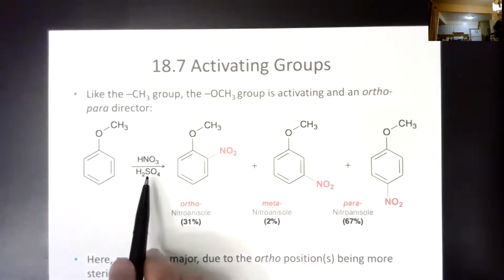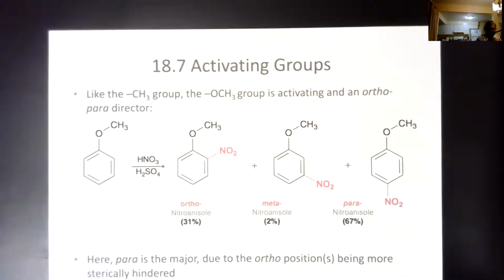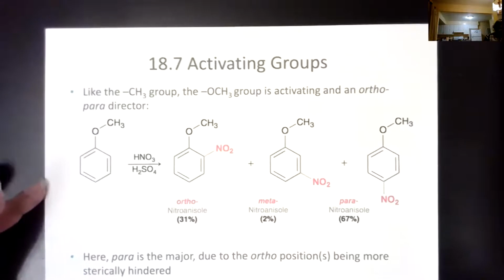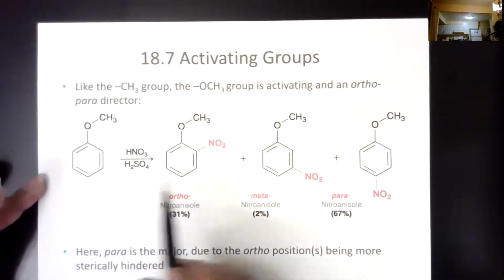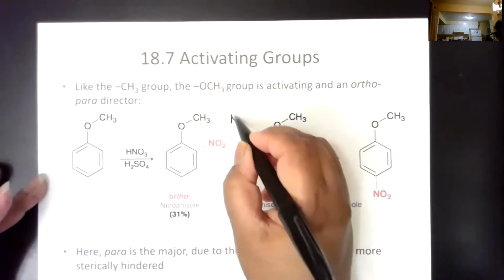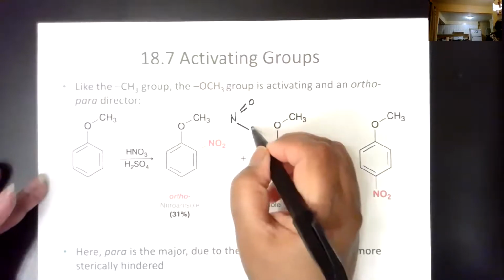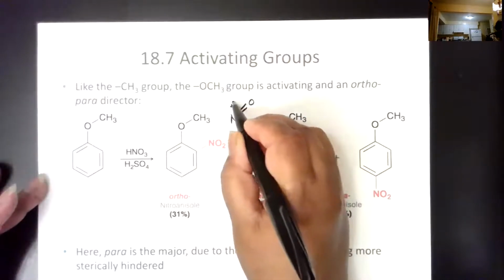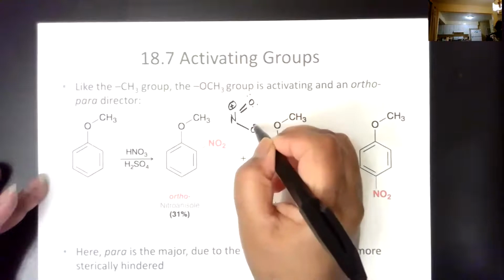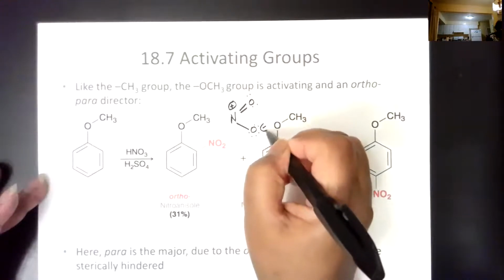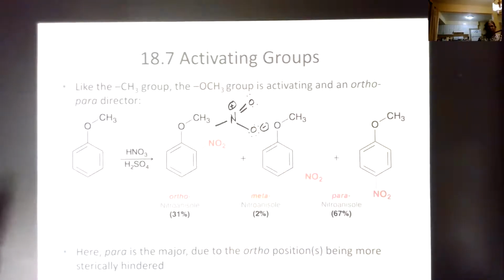But if you have a reaction like nitration, what is it that we see? The nitro group, remember the Lewis structure for the nitro group, positive here. It's not just one atom like the Br.